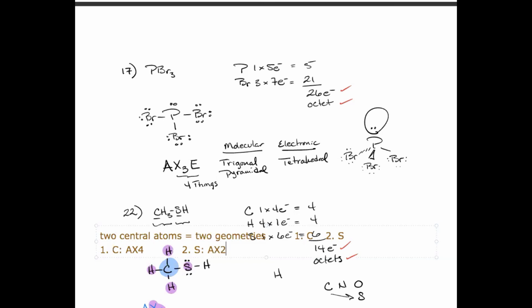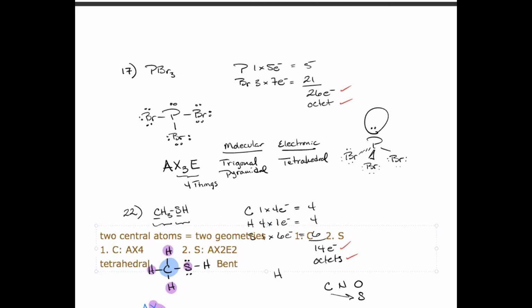Actually, I see 2 lone pairs, so I would call that E2. Each 2 dots makes a pair. So what's the geometry of the carbon then? Tetrahedral. And sulfur's in the tetrahedral family, but it's not tetrahedral. It's bent.